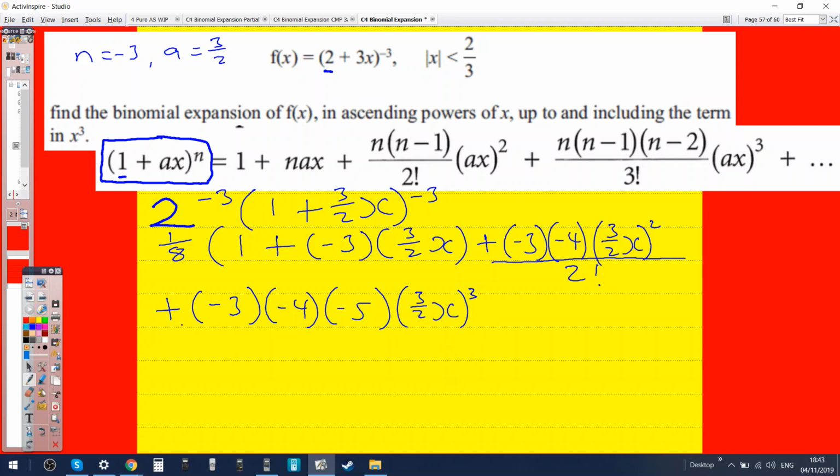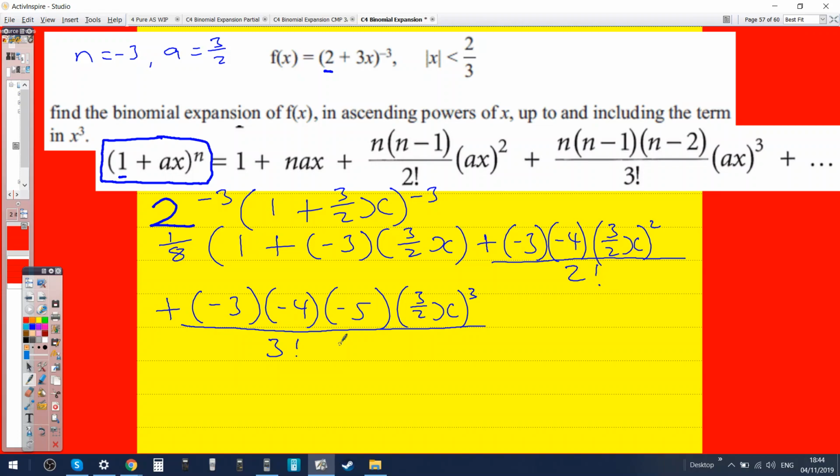What's the point of having learnt the other way of binomial expansion if we're just going to use this in the exam? So the other method is for whole numbers.